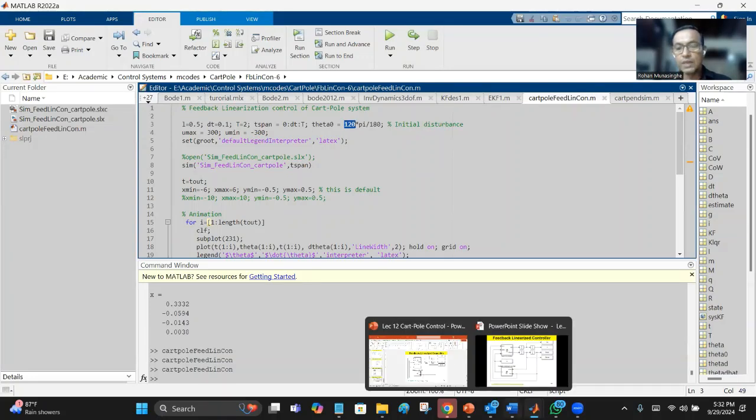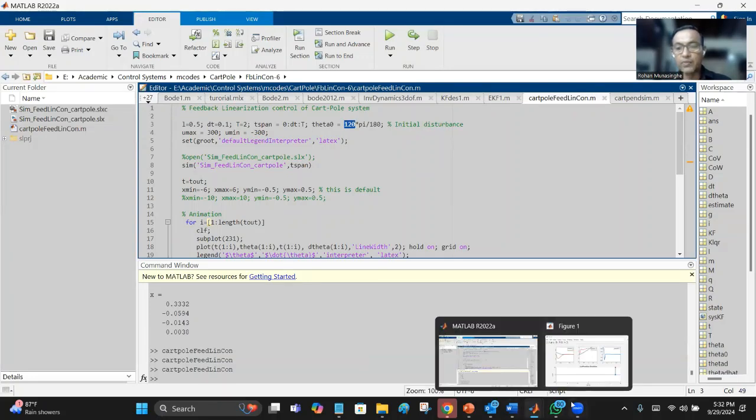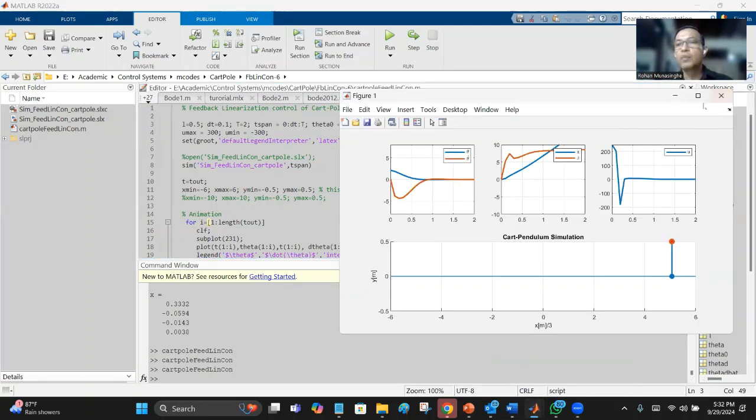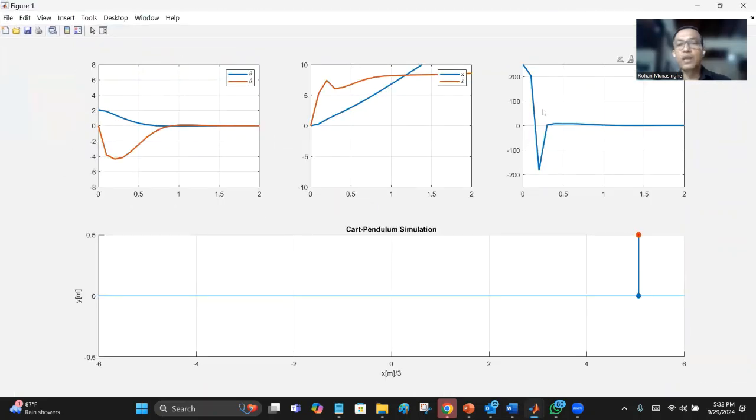It doesn't matter where we are. We deal with the actual dynamics, so we generate the proper control signal for wherever the pendulum is. But I have to tell you this. If you look at the control signal, this is the biggest control signal we have seen.